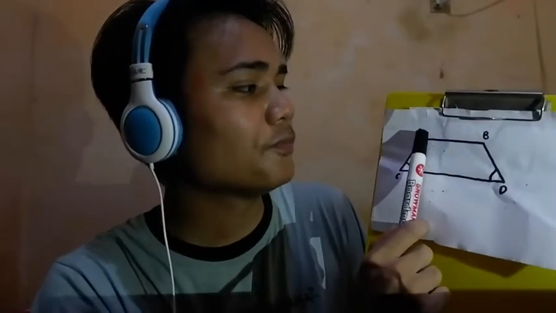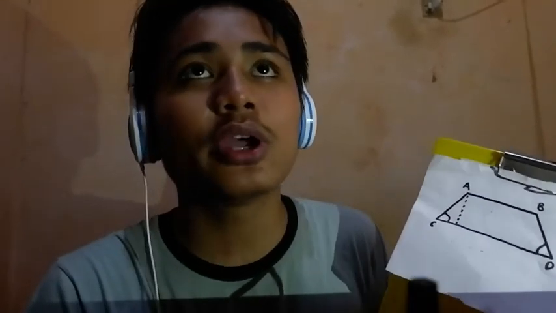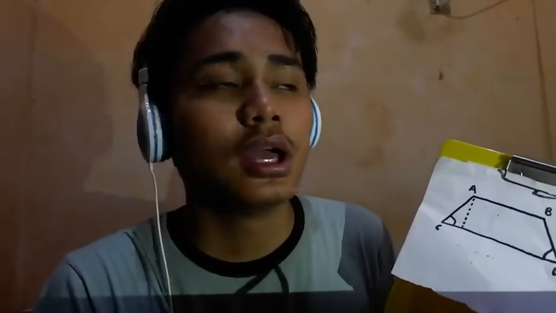So I think it's very clear. If we get congruent diagonals, we can believe that it is an isosceles trapezoid.